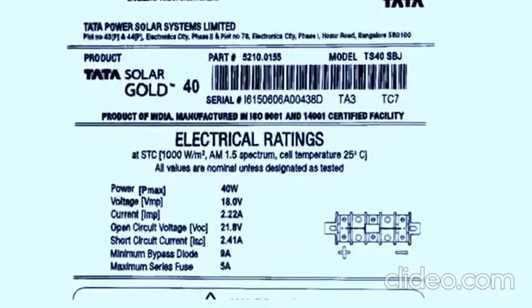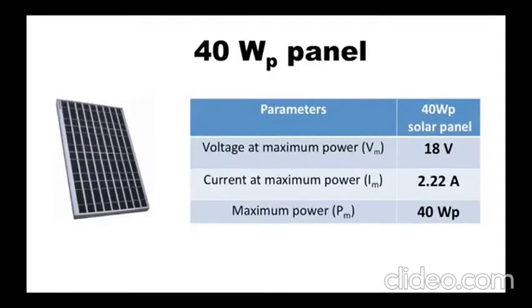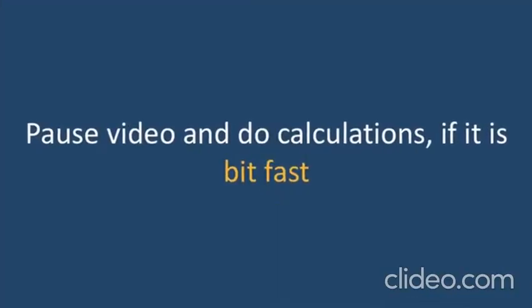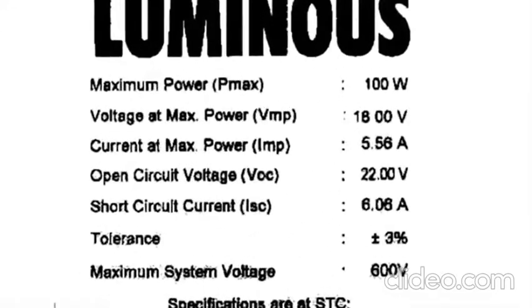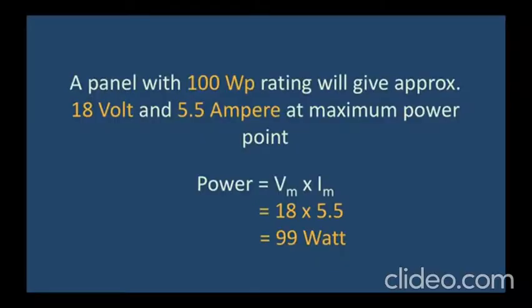So we get panels of various power ratings in the market. So for example, a typical panel of 40 watt, you'll get it for 18 volt and 2.2 ampere. So multiply 18 with 2.2, you get almost 40 watt of power. A typical panel of 100 watt peak or 100 watt is typically 18 volt and 5.5 ampere.